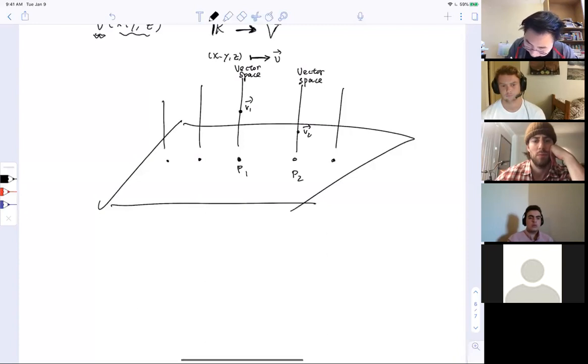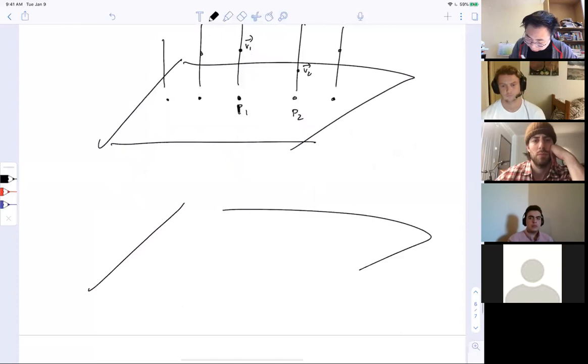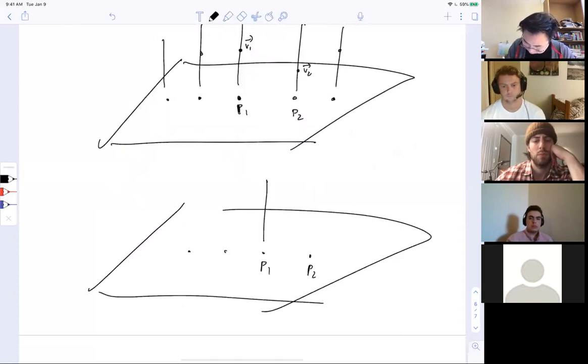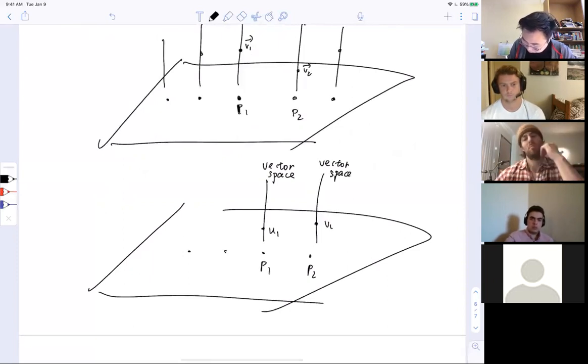So for each point you choose a vector. Of course, you can choose other vectors, u1, u2, and then you get another vector field.